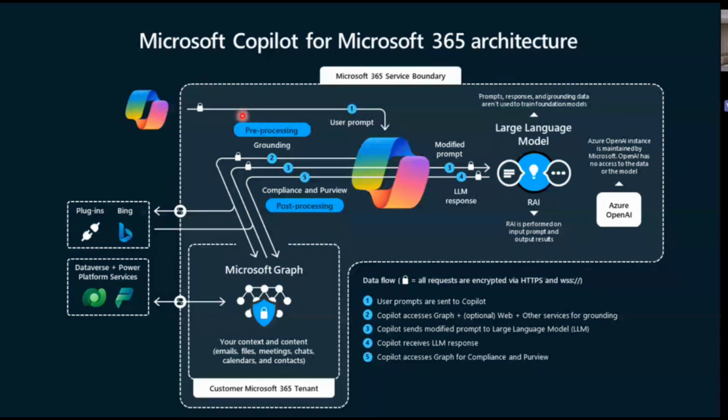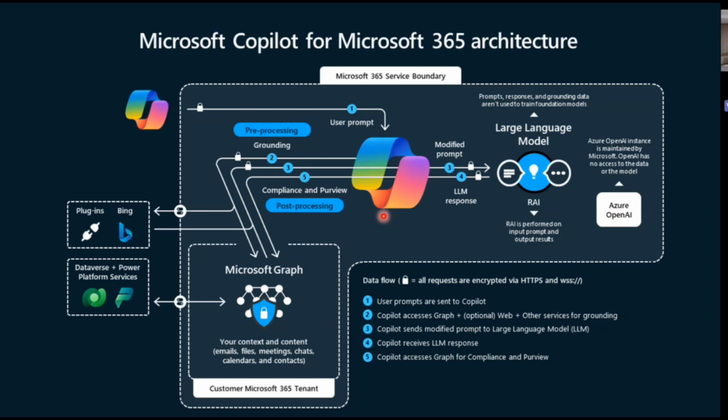This is how it happens. It starts when you are on the Copilot portal. You put in the user prompt, for example, create a sales forecast, or I want a summary of this document. Then it does the grounding. Grounding is reading whether there is any vague language or any content which is not to be used, or maybe that is not in their database, so they don't take that.